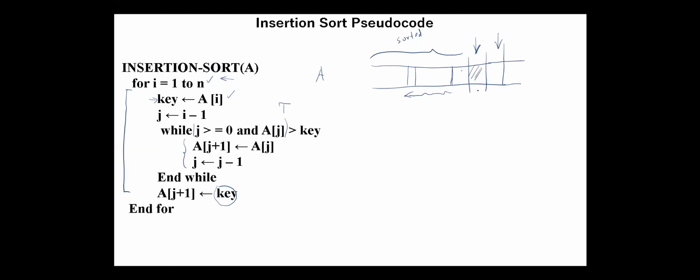For this purpose, we copy the contents of this location into k, freeing a space or room for the elements to be shifted to the right. We set up a loop starting from i minus 1 and start scanning backward for the position of the element.